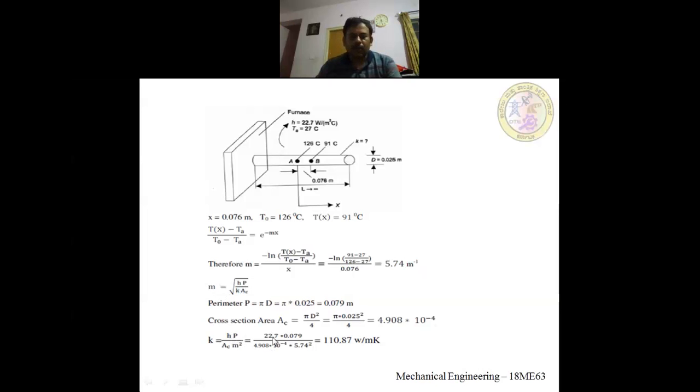So just substitute all the values: h they have given as 22.7, perimeter you have found, A_c you have found, m squared, that is 5.74 squared. Substitute and get the value of thermal conductivity. It will be 110.87 watts per meter Kelvin.